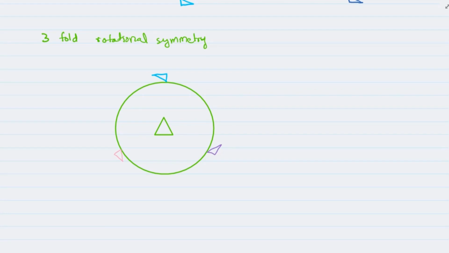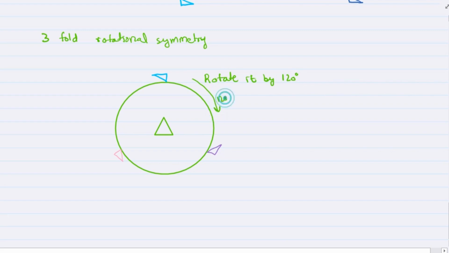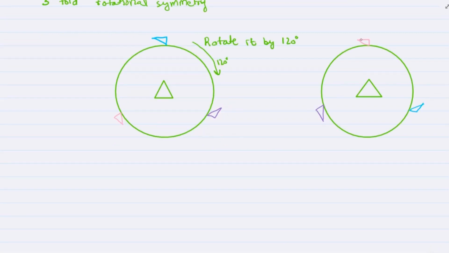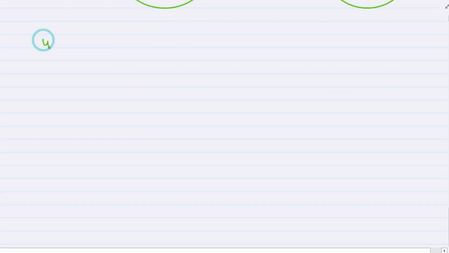So now how much rotation is necessary so that it looks symmetric even after the rotation? So rotate it by 120 degrees. After rotating it by 120 degrees, it will look like this. So both are symmetric, just ignore the color, they are just to distinguish between the rotated one and the previous one. So both shapes are symmetric.